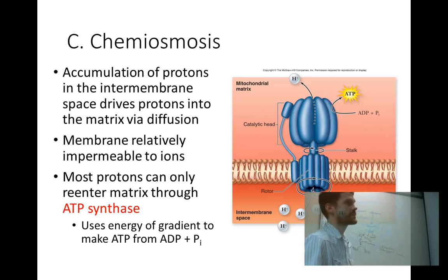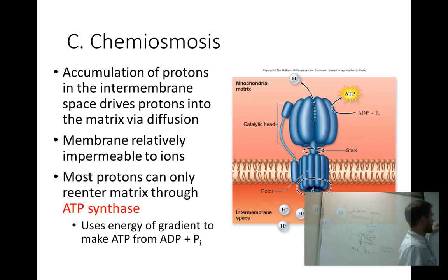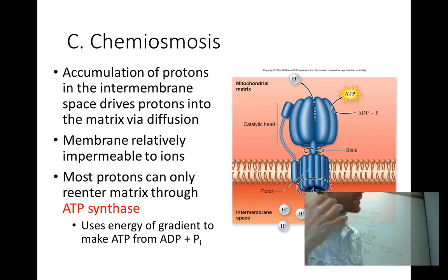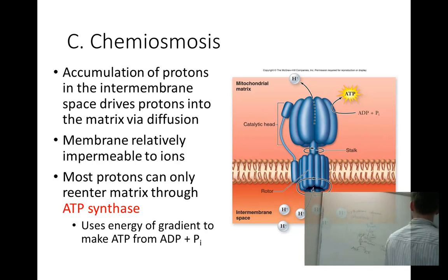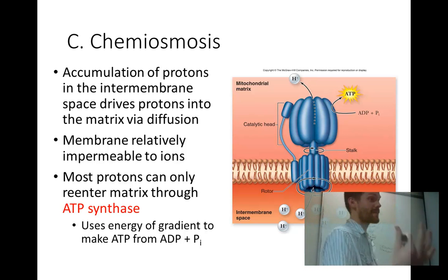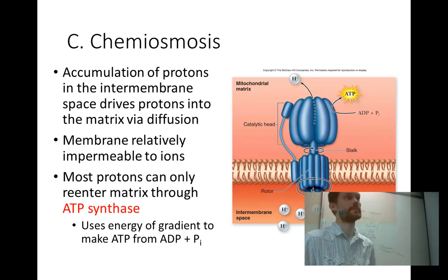Okay, it's chemiosmosis because our chemical here is these hydrogen ions, and they're flowing through a semi-permeable membrane. Is it semi-permeable? Yes. So the inner mitochondrial membrane, just like the plasma membrane, is semi-permeable.